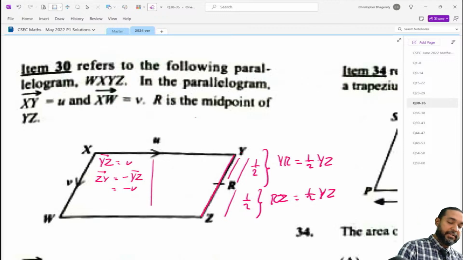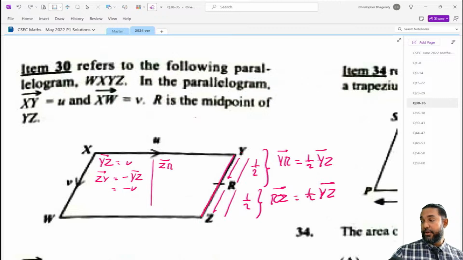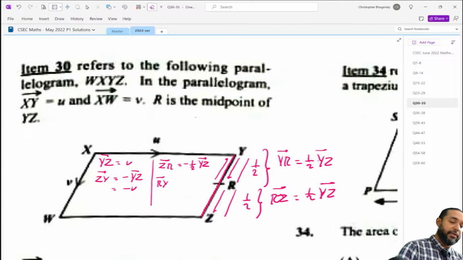So we said that going from Y to R was a half of YZ, and going from R to Z was the other half of YZ. What if we went in the opposite direction? What if we went from Z to R, which is backwards here? Well, that's traveling halfway along YZ, but going in the opposite direction, right? And the same thing with RY. If you went from R to Y, you'd be traveling halfway along YZ, but in the opposite direction.